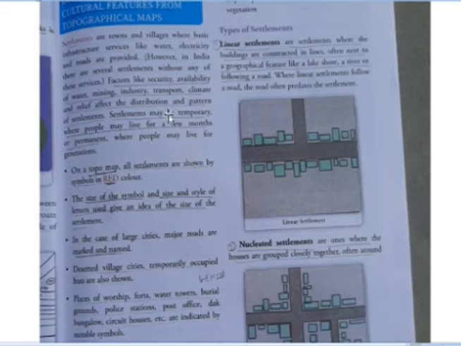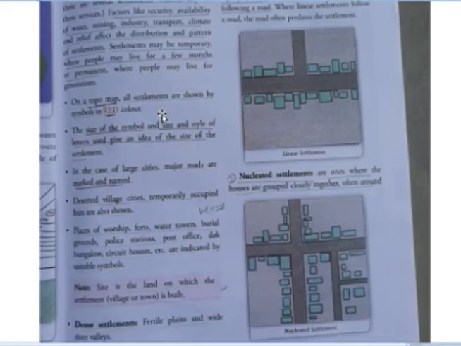So, there are various factors which affect the settlement. People like to settle where they have the facilities which support their life. As we studied in previous history classes, settlement started on the bank of various rivers, like the Mesopotamian civilization and the Egyptian civilization.